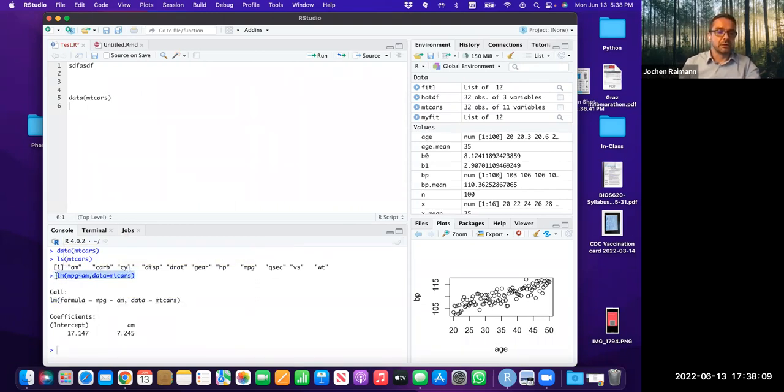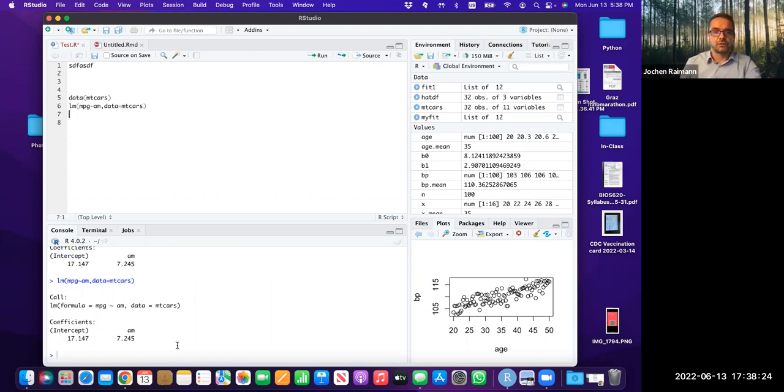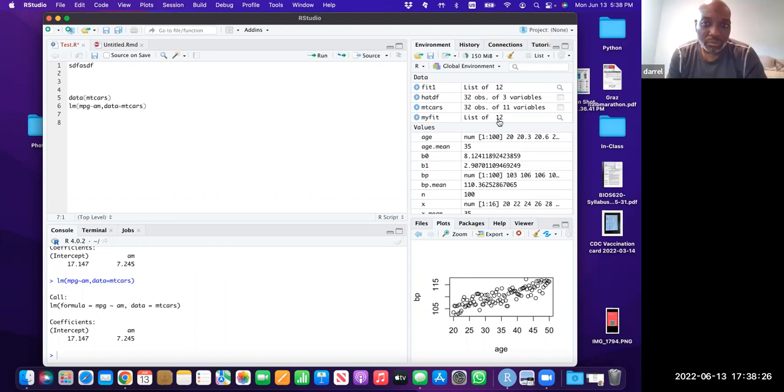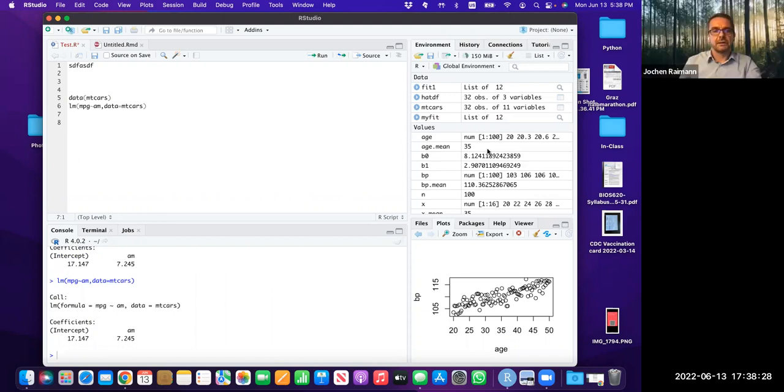So I develop a model. In the script, you only write the code. You run it in your console. In the environment, objects populate automatically with whatever you load in your script. And here you display whatever you ran.